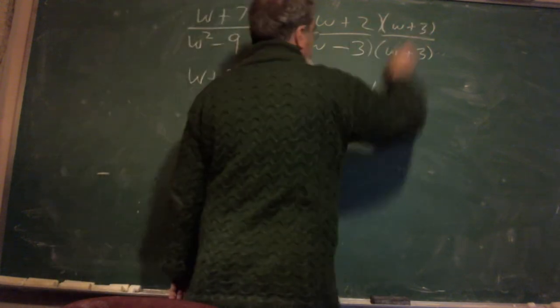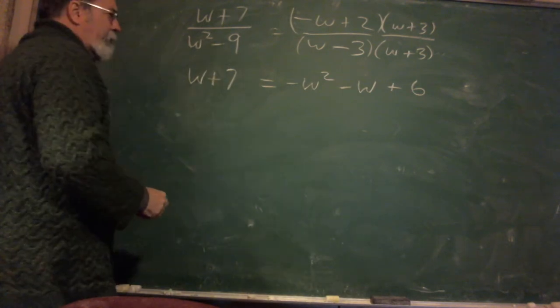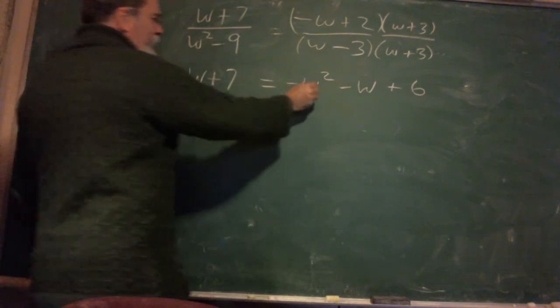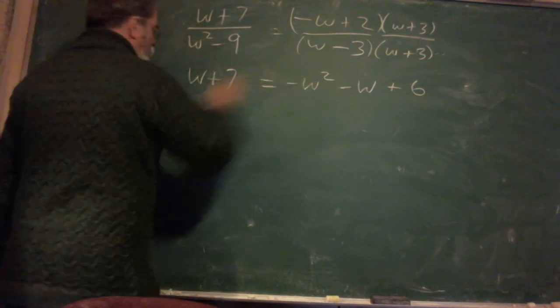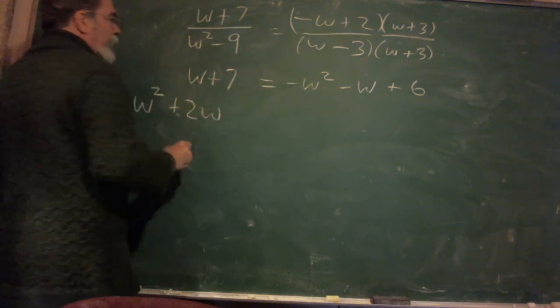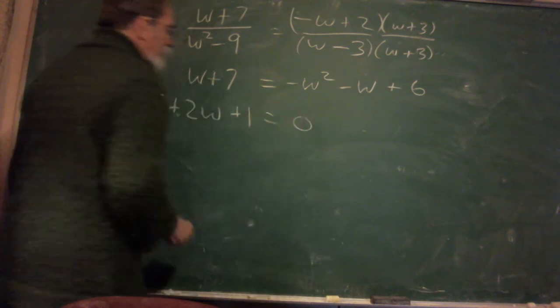So it's minus 1w plus 2 times 3 is 6. I got to get all this w stuff on one side. I think I'll bring it all over here because I want this w squared positive anyway. W squared, add a w over, that's plus 2w. And then I'm subtracting 6, so this becomes a plus 1, which equals 0.